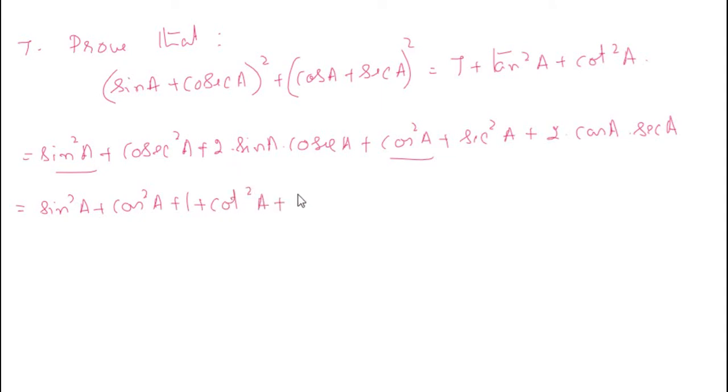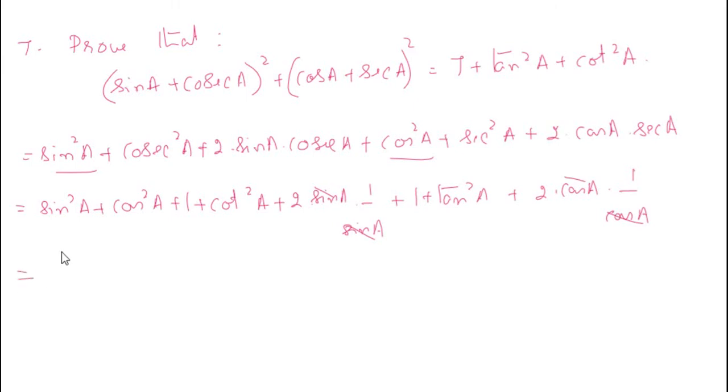Plus 2 into sin A into cosec A, which is 1 by sin A. This cancels out and what is remaining is just 2. Cos square A we have moved here, plus secant square A is 1 plus tan square A, plus 2 into cos A into secant A, which is 1 by cos A, cancelled.